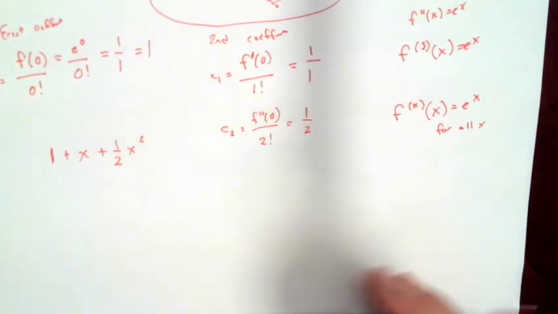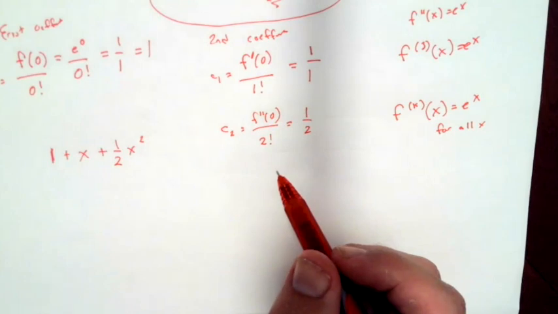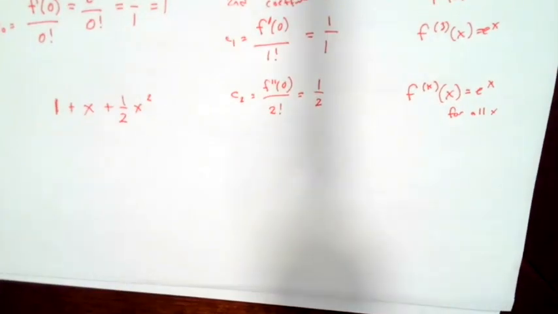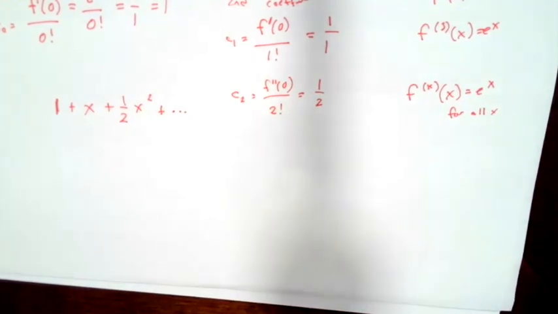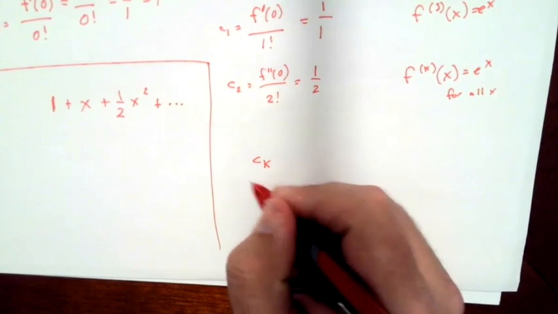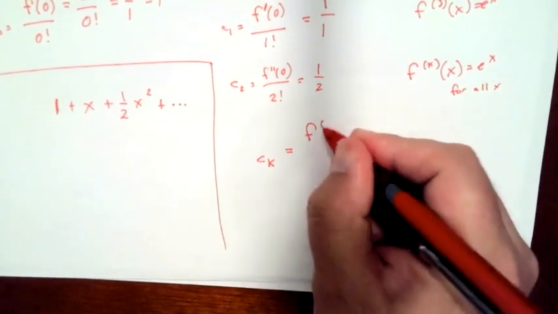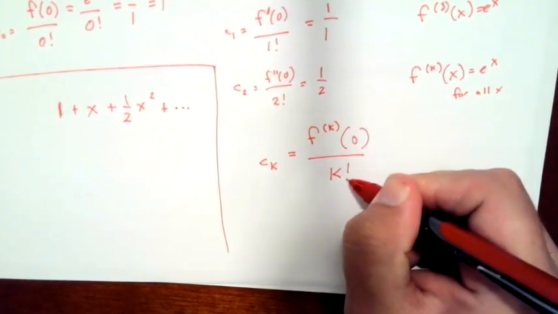So far, so good. But I don't want to write this out forever. What I need is a pattern that enables me to express this in terms of any value of k, because I'm not going to be able to sit here and write out infinitely many terms. So how do I get to an arbitrary c sub k? Well, that's going to be the kth derivative of f with 0 plugged in, divided by k factorial.